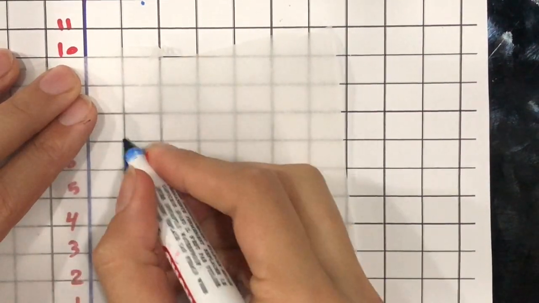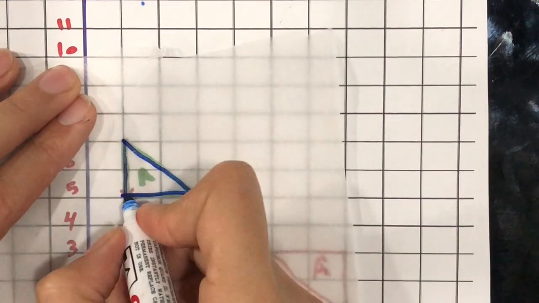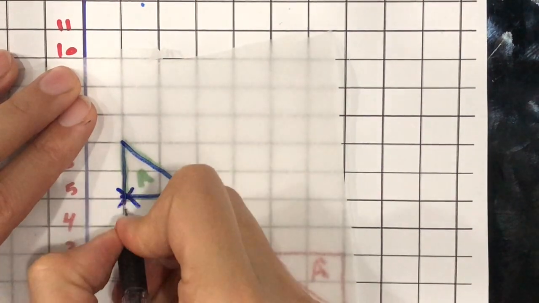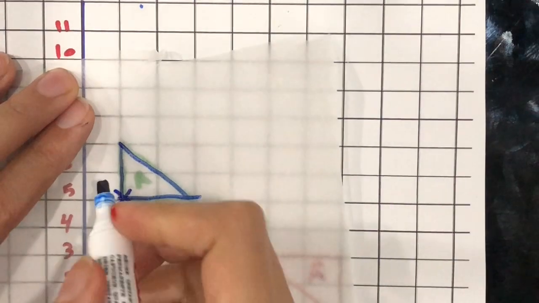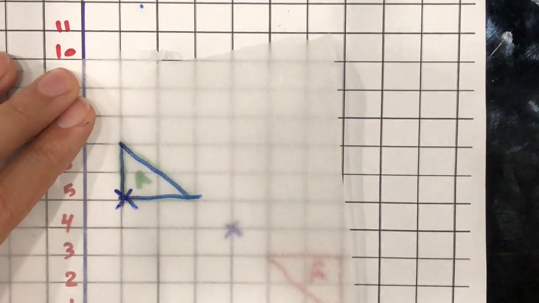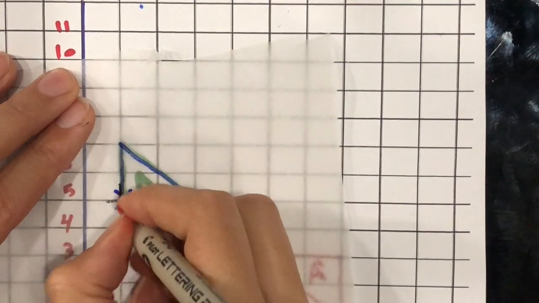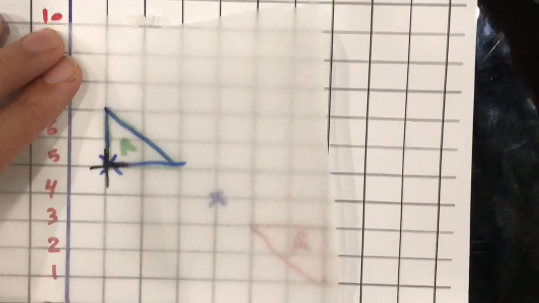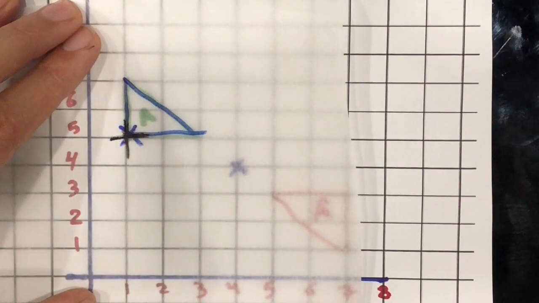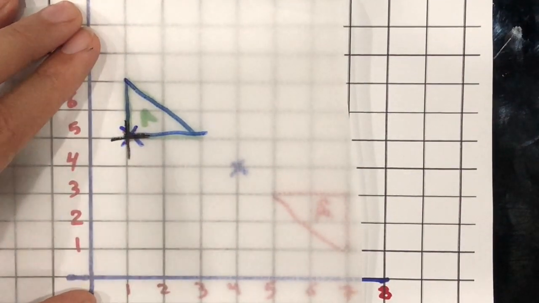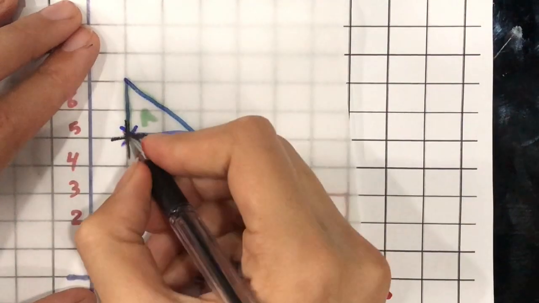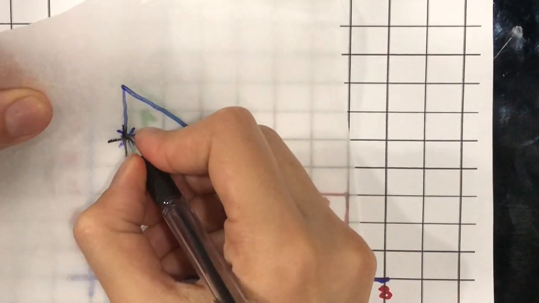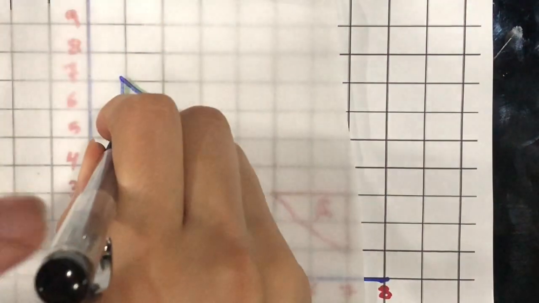I will assign it on my tracing paper and assign the center of rotation. Here are my axes. Now, how I'm going to do this is I am going to take my pencil and put it in the center of the rotation.